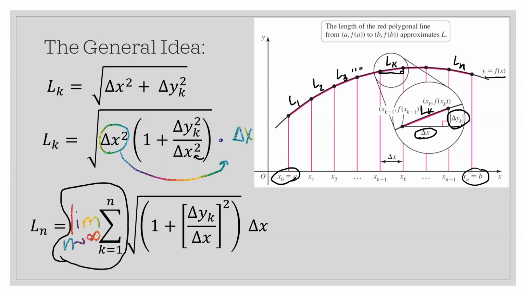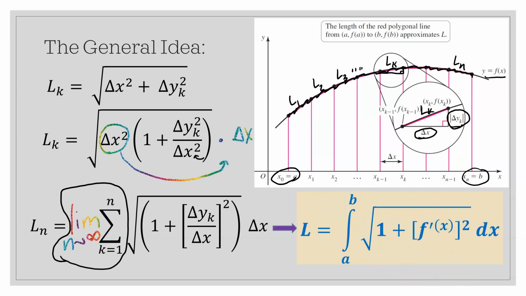So the actual length of the curve from A to B is defined as the integral from A to B of the square root of 1 plus, and notice this is change in y over change in x, which is a slope.